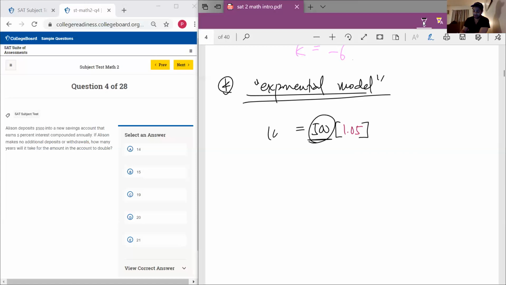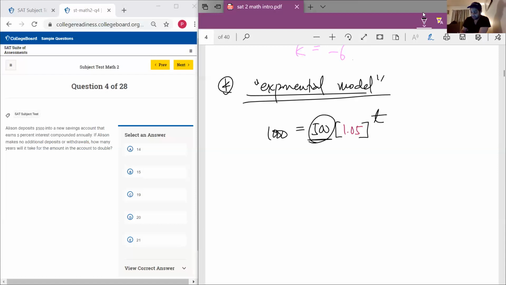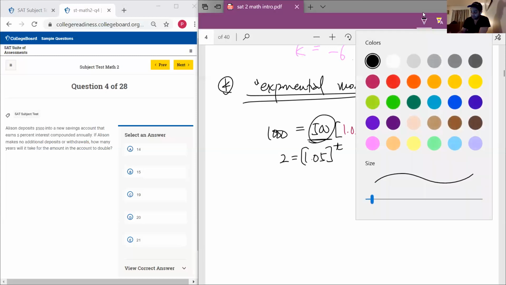So the final value has to be 1,000. And you want to find out, because it's every year, annually, how long will it take? So how long will it take for it to double? And then we're going to solve this equation, right? So we can divide by 500 and get 2 is equal to 1.05 raised to the t power.